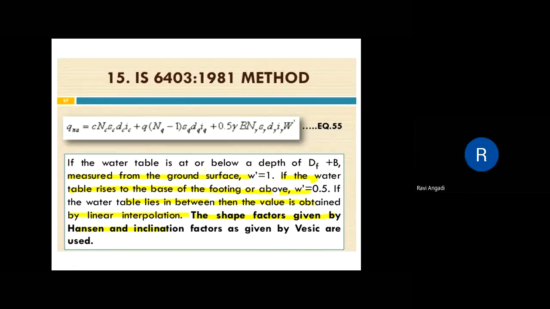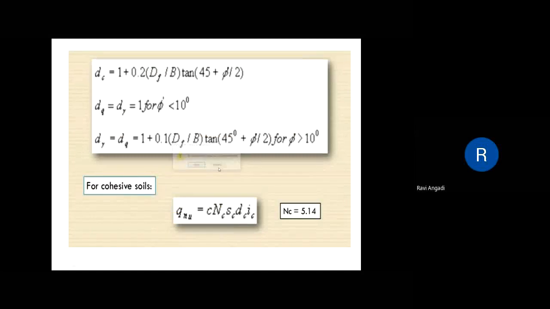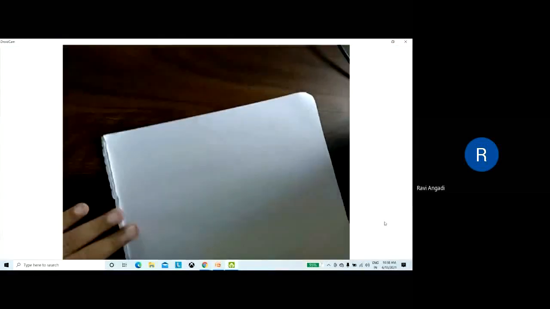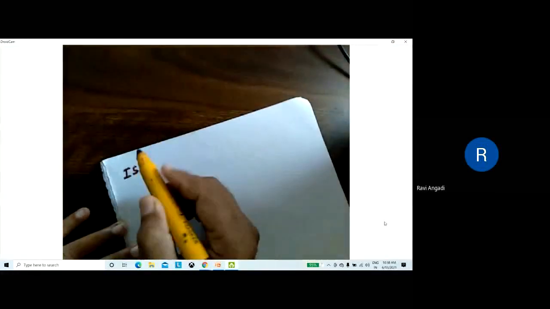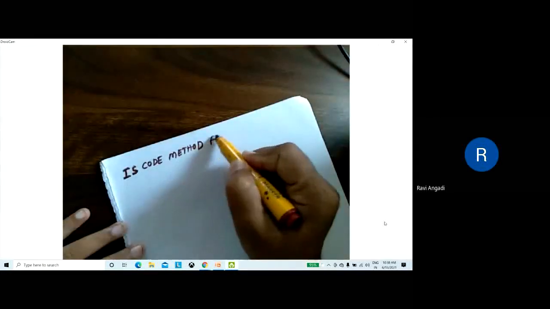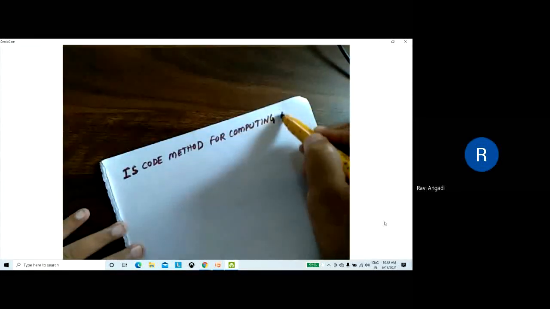Please note down this equation, all of you. IS code method, I'll write here. You also write down. IS code method for computing bearing capacity.